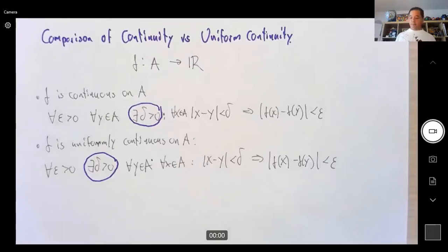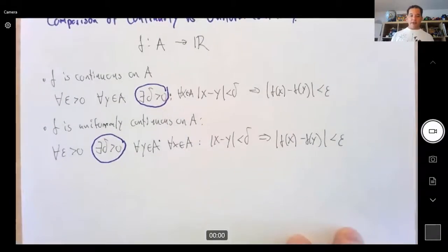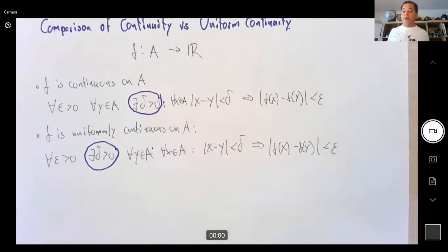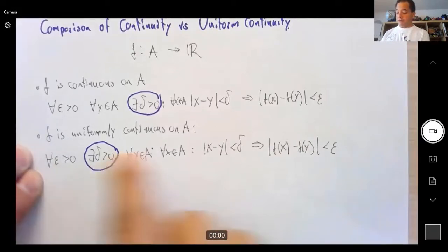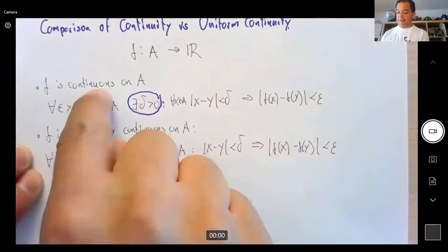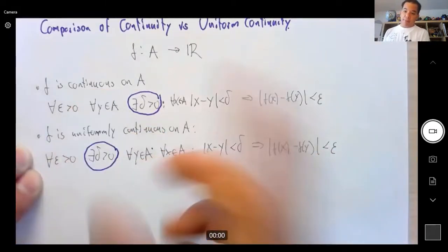But it's an important difference, and it turns out, of course, if something is uniformly continuous, then it is continuous. But the other way around is not true. All right, so this is a stronger definition. If this happens, then that happens, but the other way around may or may not.